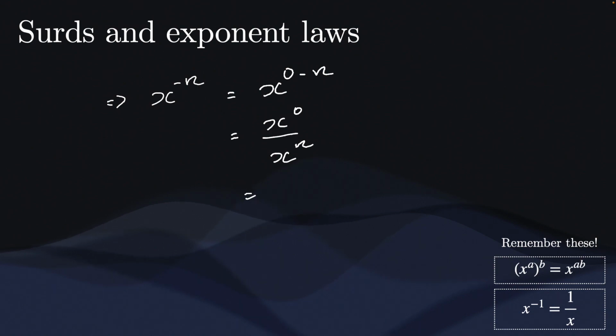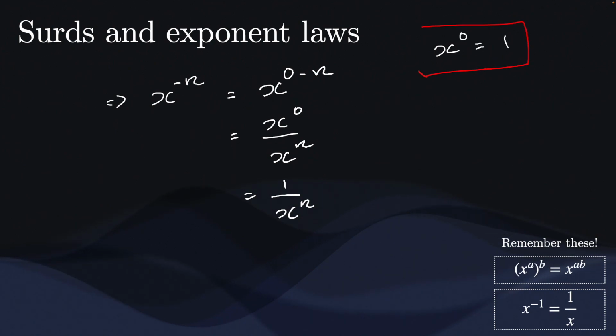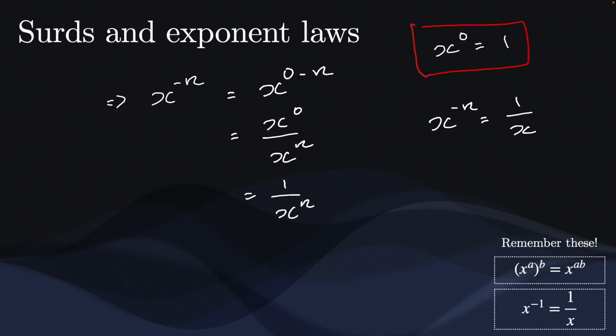And then just the same rules, you just do 1 over x to the n. So really, x to the negative 1 is equal to 1 over x. And the other two things to remember are x to the 0 is equal to 1, and x to the negative n is equal to 1 over x to the n, where x is any number, remember that.